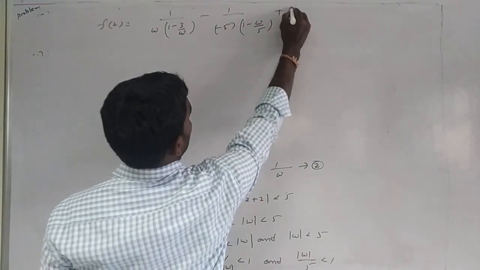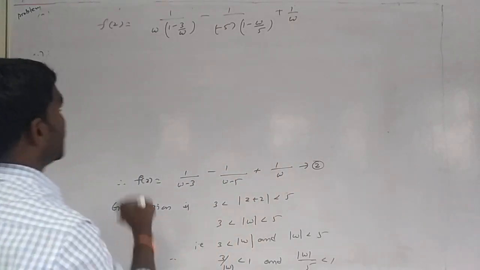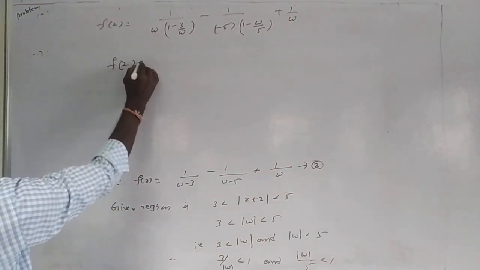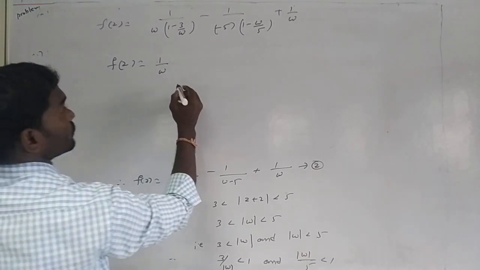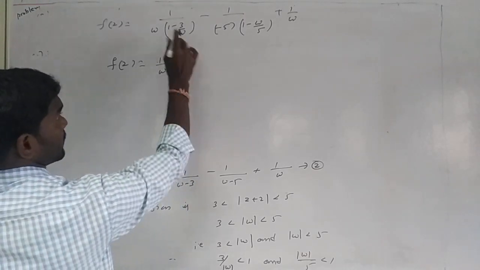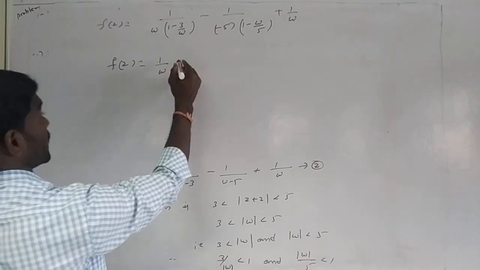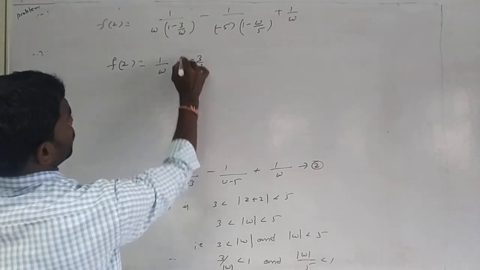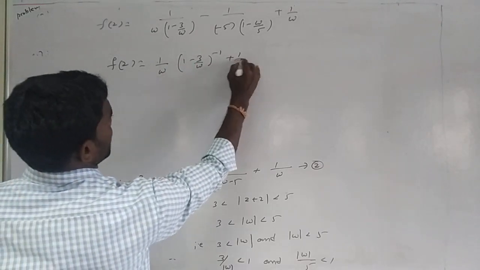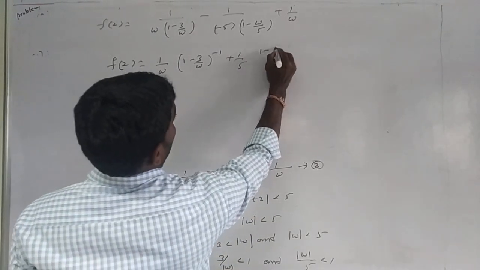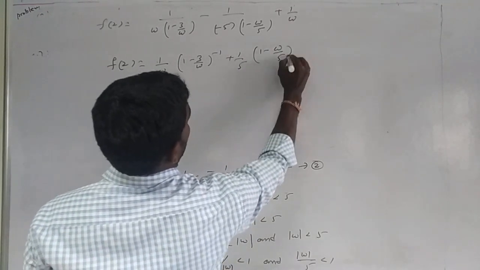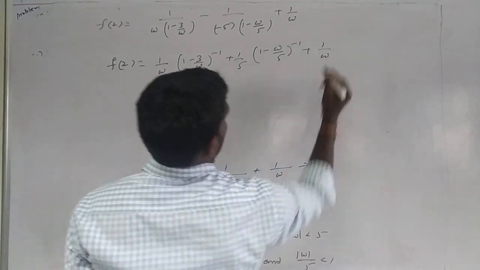Plus 1 by w. That equals f(z) equals 1 by w into (1 − 3/w) to the power minus 1, plus 1 by 5 into (1 − w/5) to the power minus 1, plus 1 by w.